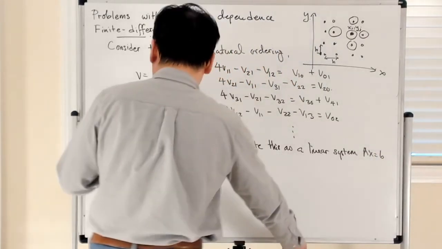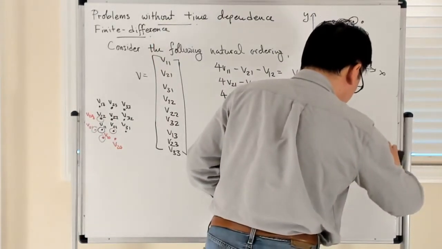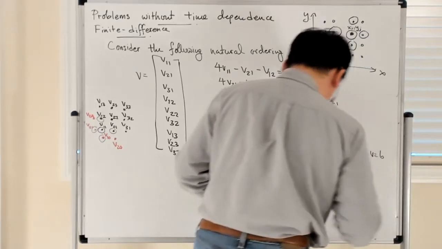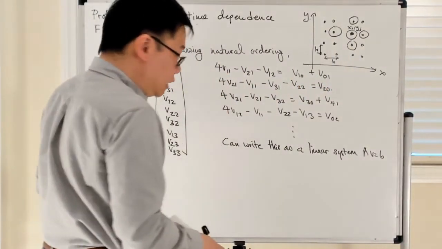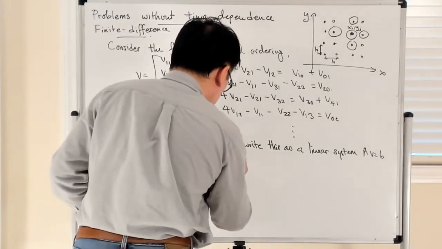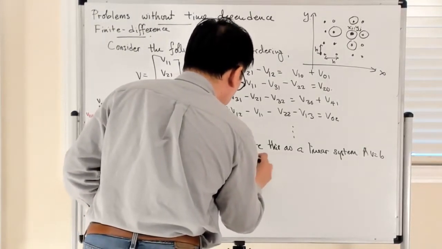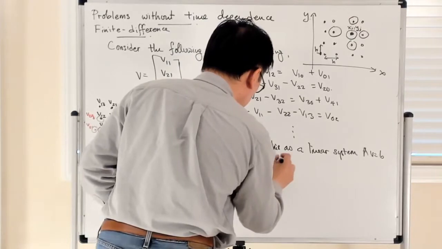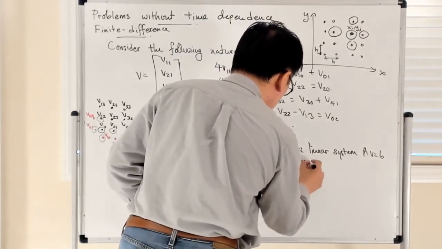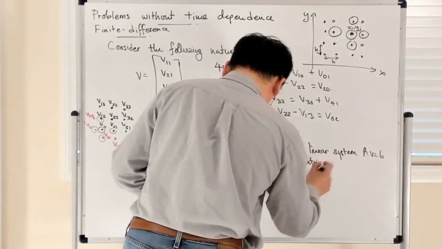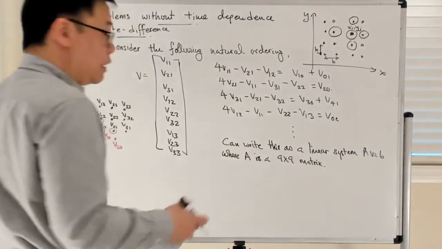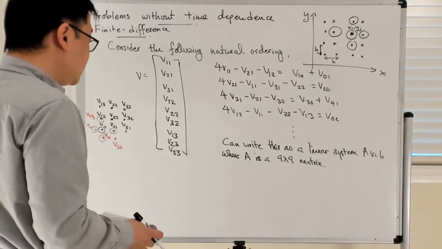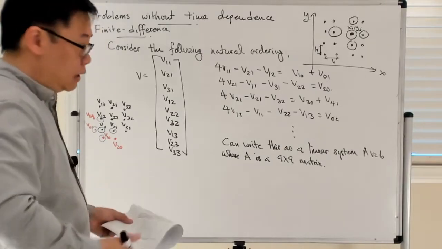Or actually, Av is equal to b because the unknown vector is v, where A obviously is a 9 by 9 matrix. And of the 81 elements in this 9 by 9 matrix, only 33 of them are non-zero.